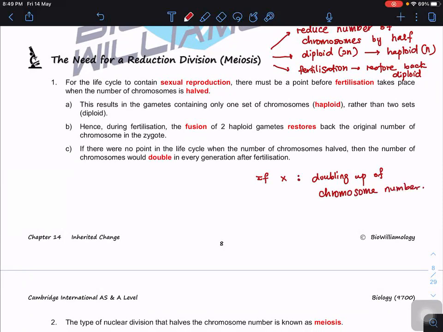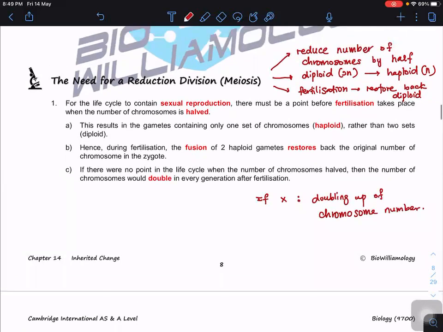So these are the key points that you have to remember. Why do we need reduction division? First, we want to reduce the number of chromosomes by half and form haploid gametes from diploid cells. Then, fertilization of two haploid gametes restores the original diploid number and prevents the doubling of the chromosome number in each fertilization. Highlight the first part in my notes.